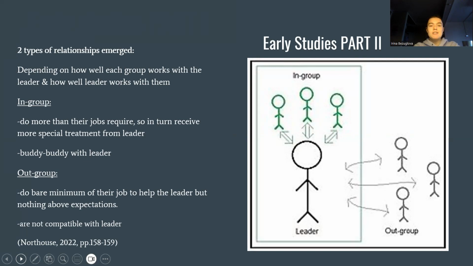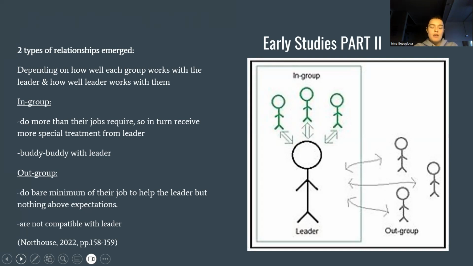In turn, they receive more special treatment from the leader, and what I like to describe is as buddy-buddy with the leader. On the right side, you see a picture, and in the center is the leader. He is a big, huge stick figure, and the little green stick figures are the in-group, meaning that they're close together. They have a lot more information exchange going on, and they're just in their own group.